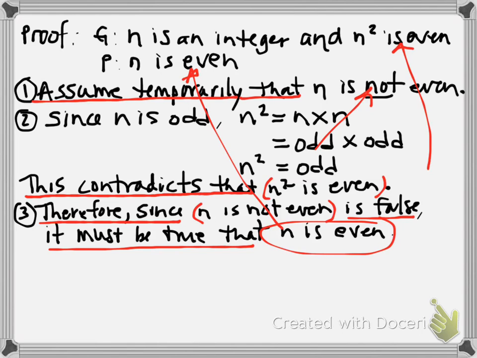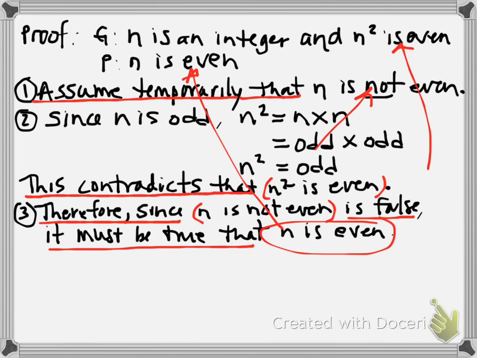And then you go into your proof, and the last sentence of the second part says, this contradicts that, whatever it was that you're contradicting, from either the given or from a fact that you know to be true. Therefore, since, and then you put in your temporary assumption, is false, it must be true that, and you go back to what the actual conclusion is supposed to be. Okay? Very prescriptive.